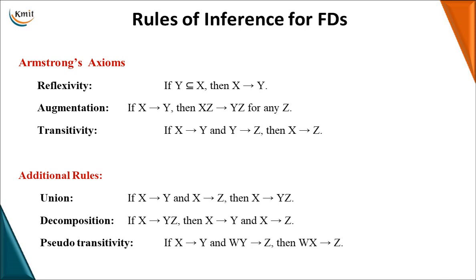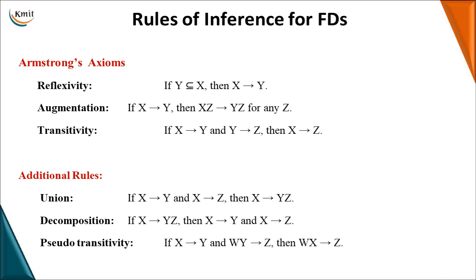Now the rule of transitivity. Here, if there are two functional dependencies, X determines Y and Y determines Z, then the functional dependency X determines Z holds. That is indirect. So I call this transitivity.